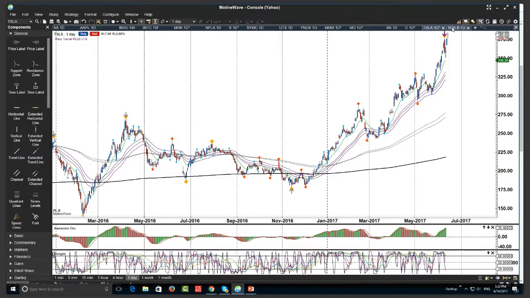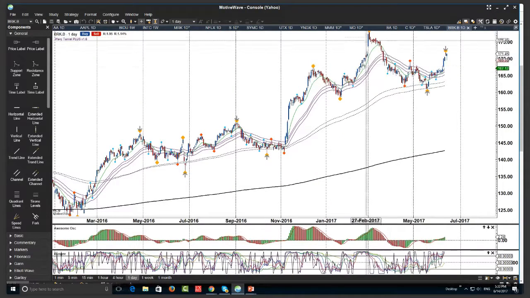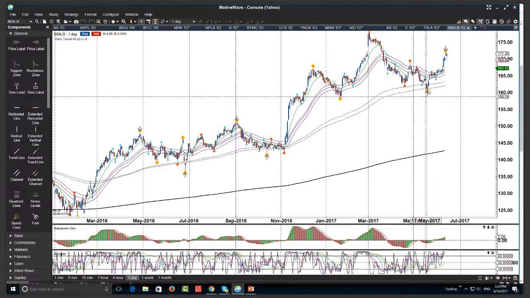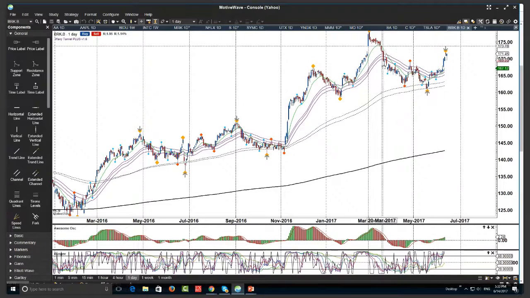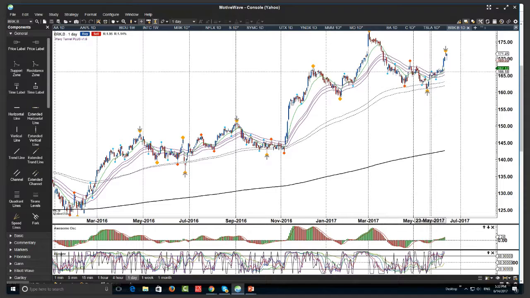And Berkshire Hathaway, this was another example of the wave 4 trade, when price came down and retraced and then started to move up, a nice buy trade. So where does Fibonacci fit into all of this?